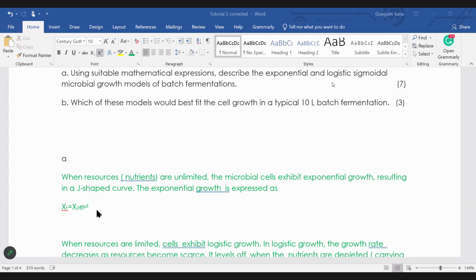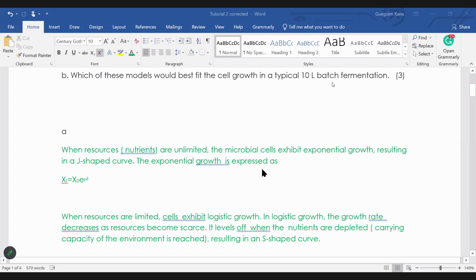Okay? And you should also state the equation for the sigmoidal microbial growth model, or the logistic growth model. Of course, the logistic growth model takes into account the fact that nutrient will be exhausted, that cells will enter the deceleration and stationary phase.